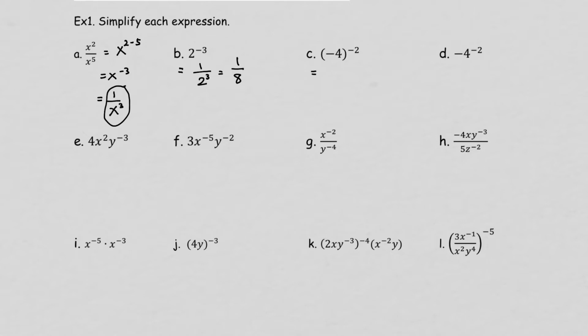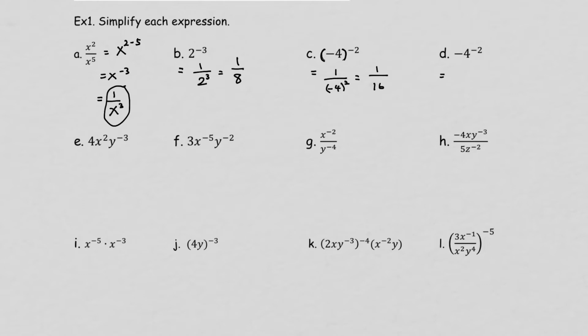What about this one? This is the negative exponent applied to the whole thing, including the sign. So that whole thing will become the denominator with a positive exponent. It gives you 1 over 16. This one is a little different because this negative 2 exponent only applies to the number.